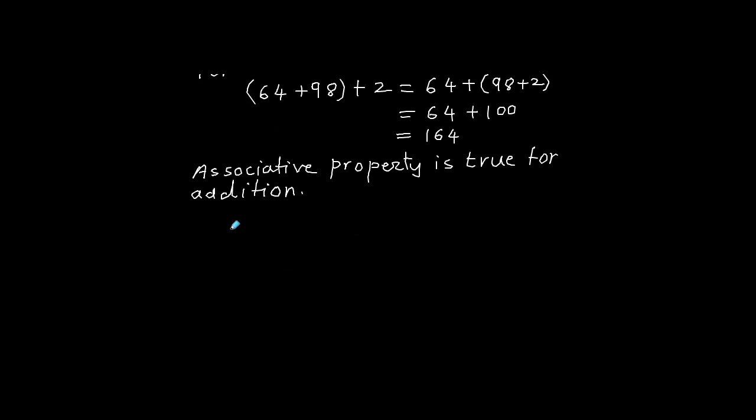If I have taken the numbers as 4 minus 5 minus 3. So (4 minus 5) minus 3. Now we'll solve this side. So you will get -1 minus 3. And if you will solve this side, you will get 4 minus (5 minus 3), which is 4 minus 2.